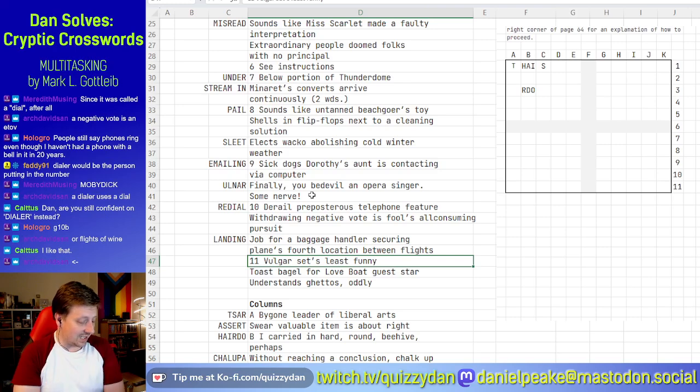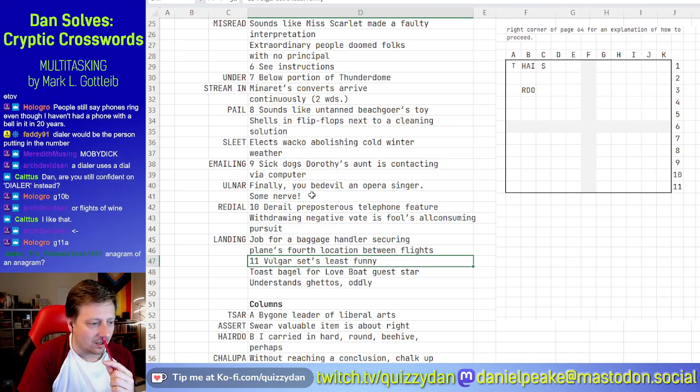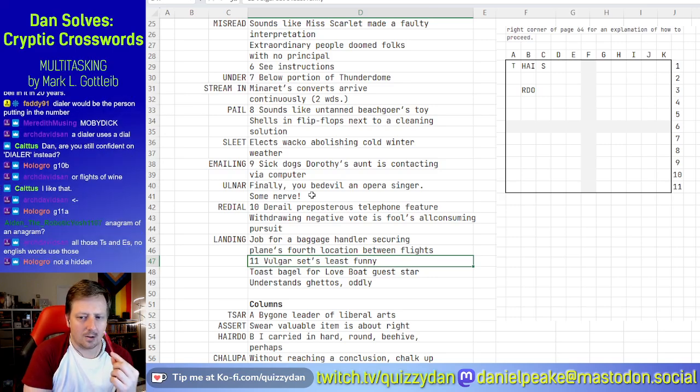So if it's sets least, you get just horrible letters. Unless it's a hidden. Is it a hidden? I want it to be like gravest, essentially. It's not a hidden.